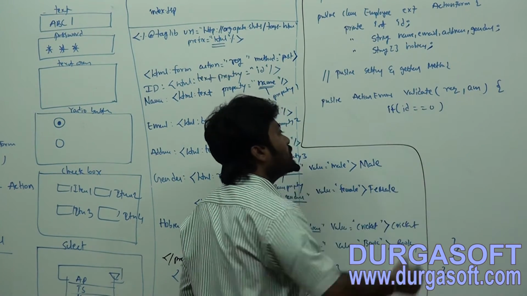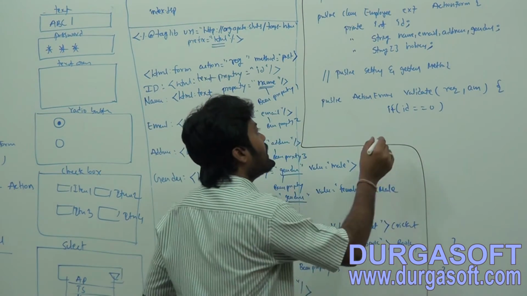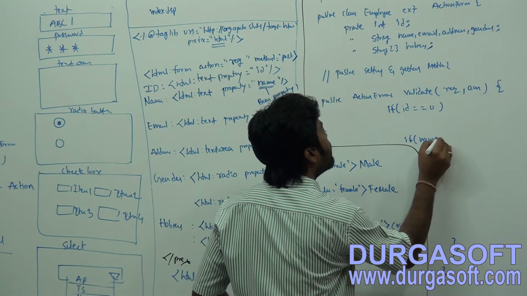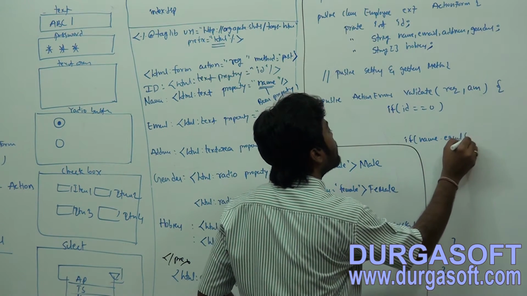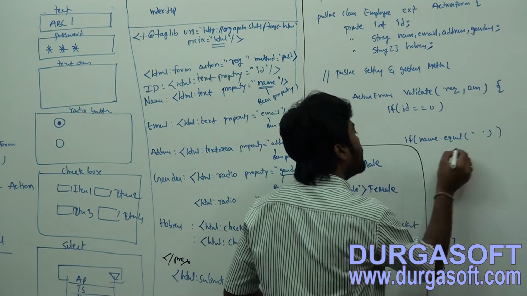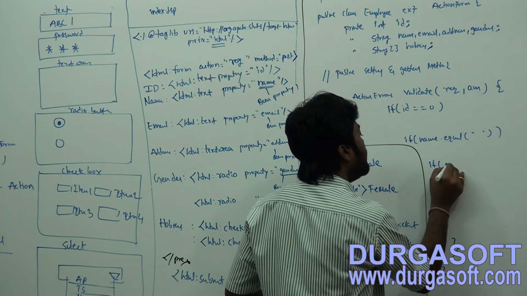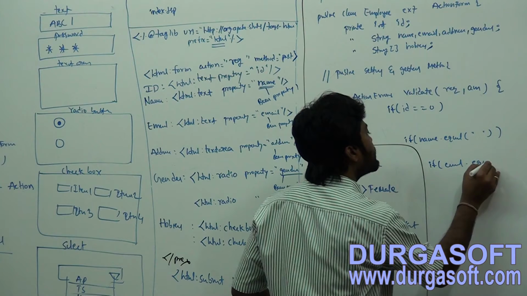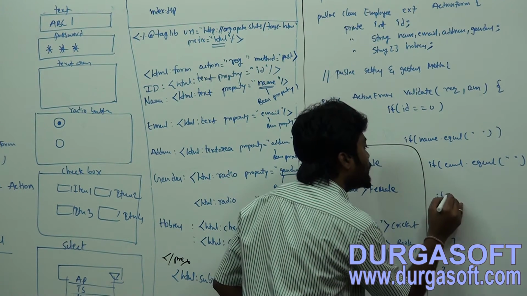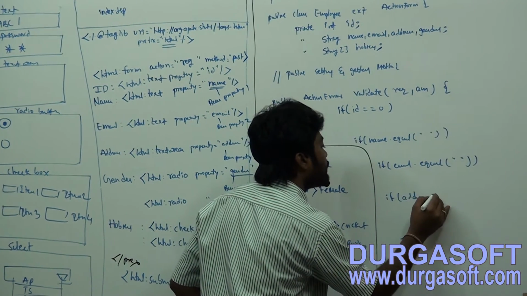If ID is 0, and the remaining, if name dot equals empty string, and if email dot equals empty string, if address contains empty string.